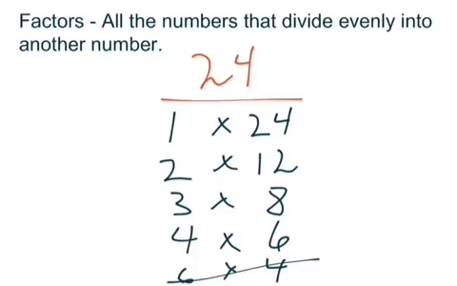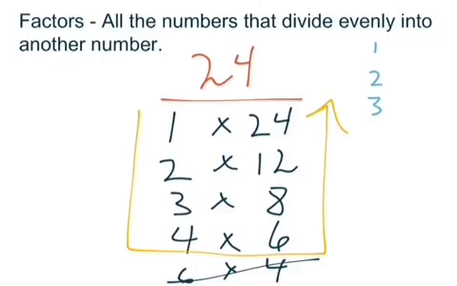So if we do this U here, this shows us all the factors of 24, and if I listed them, I'd have 1, 2, 3, 4, 6, 8, 12, and 24. So those are the regular factors of a number like 24.